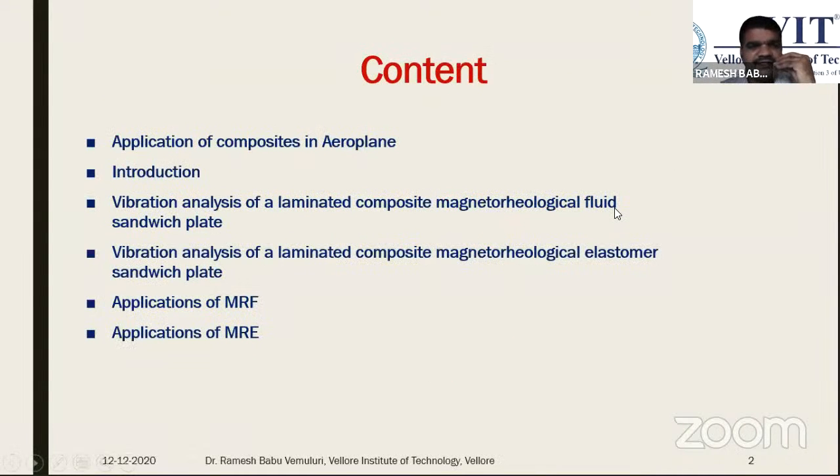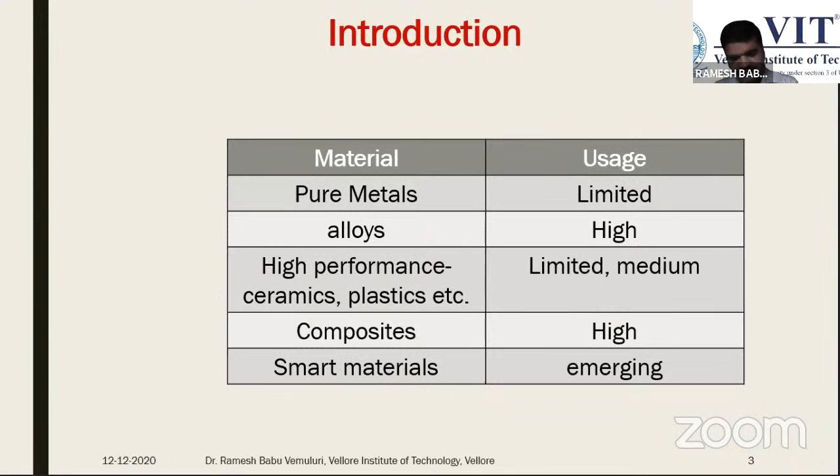Majorly we are going to see the retrospective view of how the materials have changed. I won't go much deeper. Majorly our focus is on smart materials and vibration analysis.